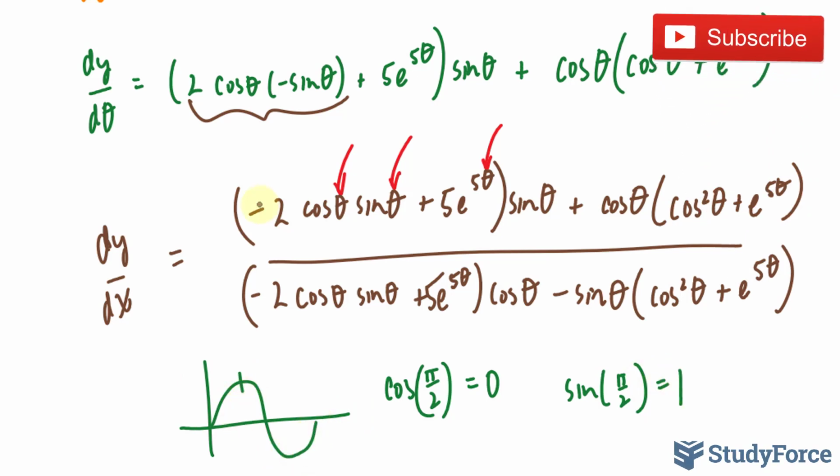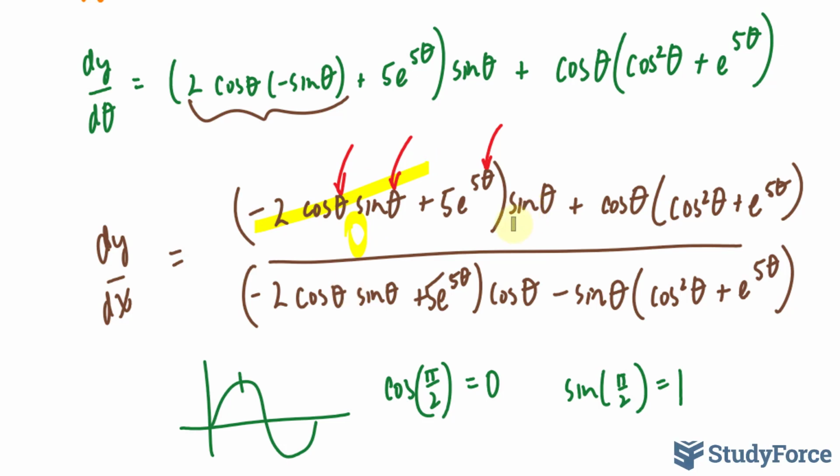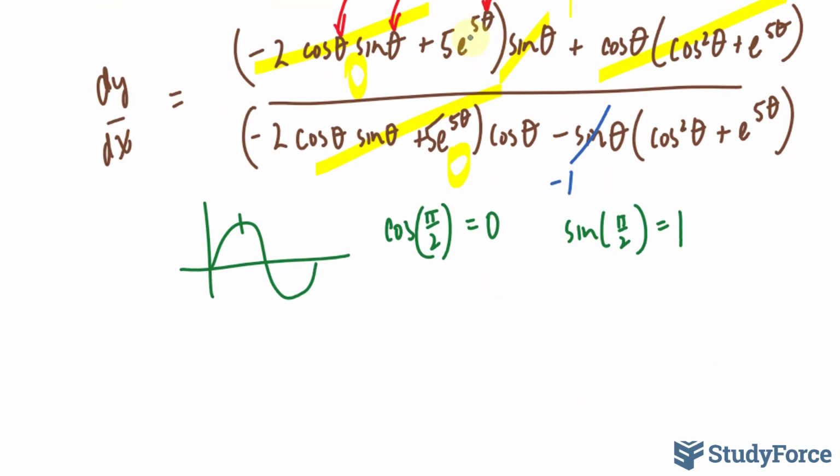So, negative 2 times 0 makes all of this become 0. This becomes a 1. This all becomes a 0, and this all becomes a 0. This becomes negative 1. So we have 1 times 5e to the power of 5 theta, which is 5e to the power of 5 theta.